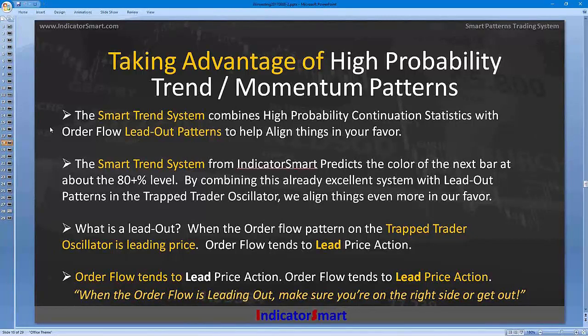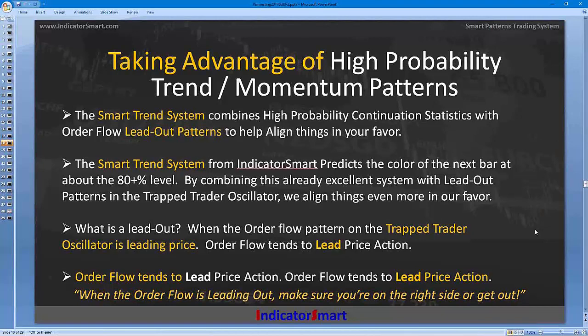So what is a lead out? A lead out is when order flow on the trap trader oscillator is leading price. For example, the trap trader oscillator itself is going higher while price is in the same place. And it tells you that the market is accumulating buyers, for example, a little bit before it goes higher.